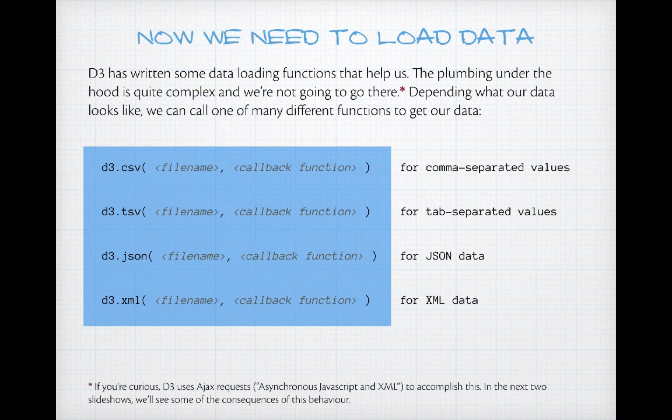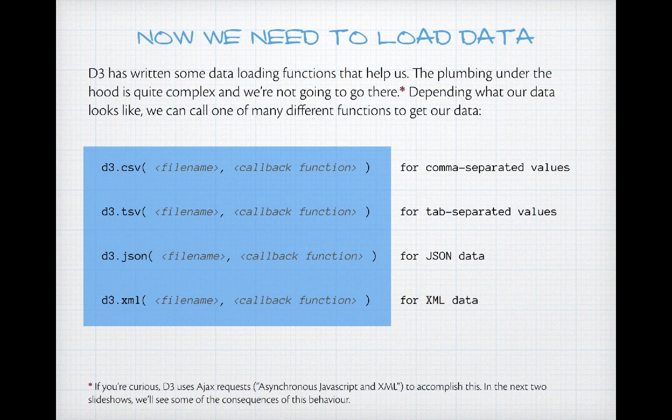Interestingly, we can also work with XML data. We can bring XML data into D3. We still need to parse the XML file, and we've talked a little bit before about the document object model, the DOM tree. XML will be brought in, and then we'll have to start to parse it as if it's a DOM tree with XPath or something else.